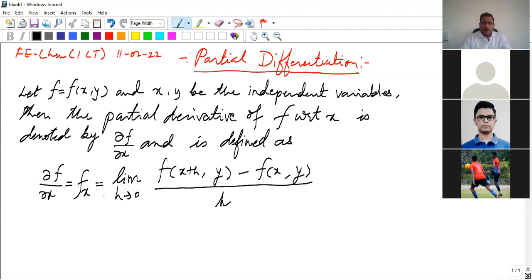So this way we are able to define the first order partial derivative of f with respect to x.